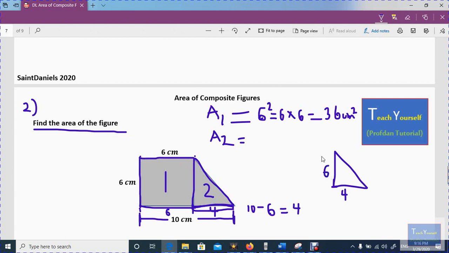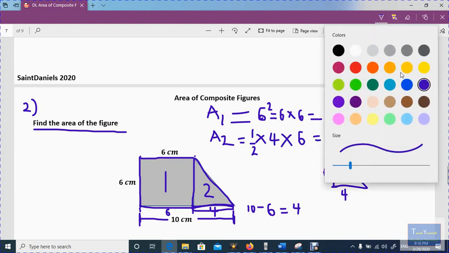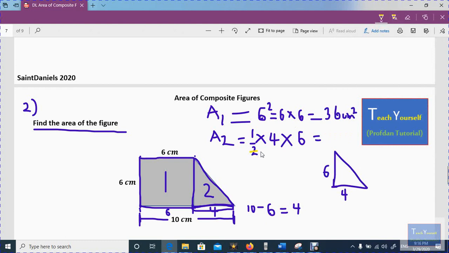Applying the formula for finding this type of triangle's area, which is half times the base. The base here is 4 times the height of the triangle, 6. And this can finally give, 2 goes here 1. How many 2 do you see in 4? 2. You are left with 2 times 6, which is 12 centimeter squared.